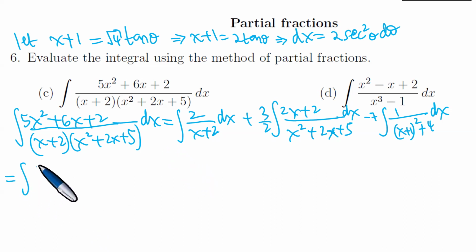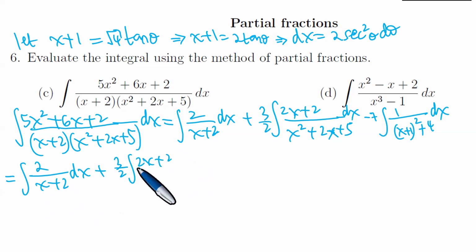Meaning we have actually the integral of 2 over x plus 2 dx, 3 over 2 times 2x plus 2, over x squared plus 2x plus 5, minus 7.